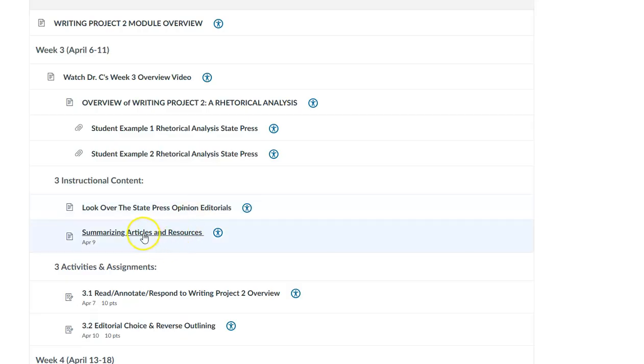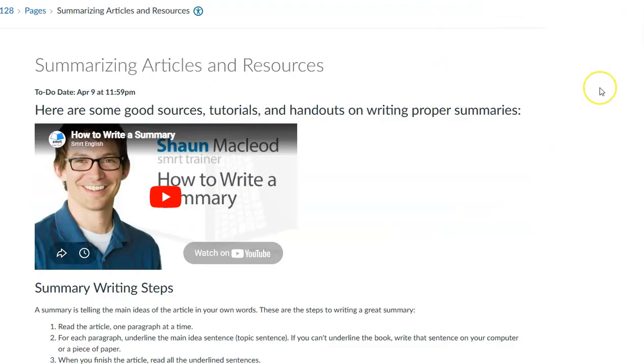Anyhow, the next thing right here is a page all about summarizing articles. The reason this is important is that you are going to be analyzing an editorial or an article that your reader hasn't read yet, and will probably never read. So the first thing you're going to need to do after you introduce an analytical essay is to get them up to speed by sharing a short summary of what the editorial was about and what the main argument was.